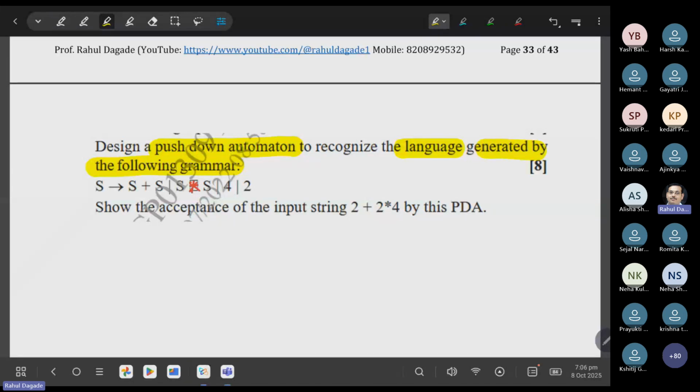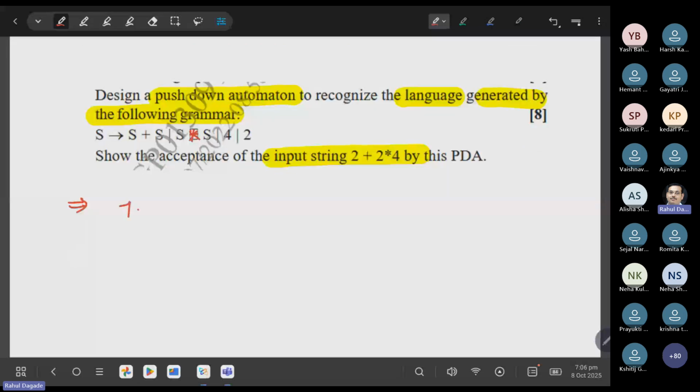And we have to simulate it for the input string 2 plus 2 into 4. So let us see how we design it. What is our first step? Our first step is to push the start symbol on stack.